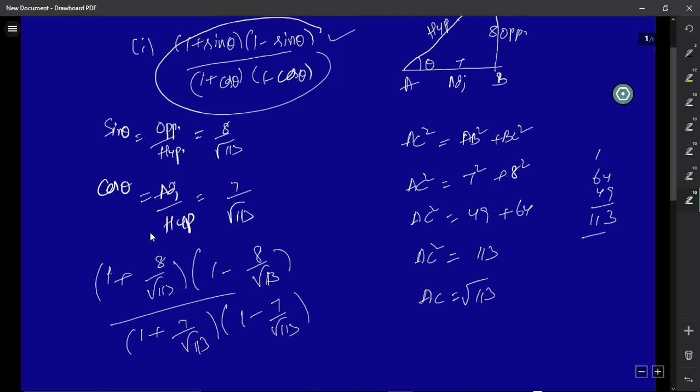Okay, so I've substituted the value of sine theta and cos theta in this question. Now this is in the form of a plus b into a minus b, and we know that a plus b into a minus b is a square minus b square. Again, this is also in the form of a plus b into a minus b. A plus b into a minus b is a square minus b square.